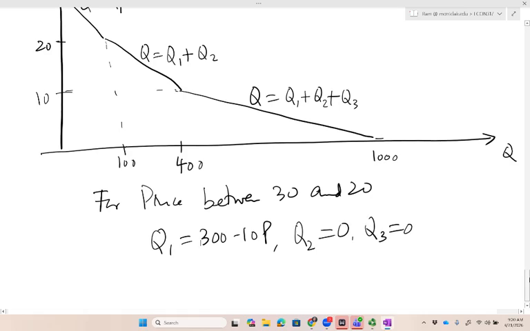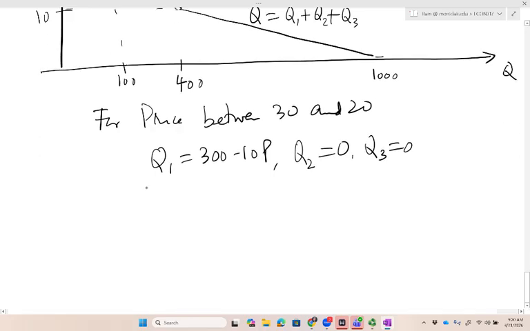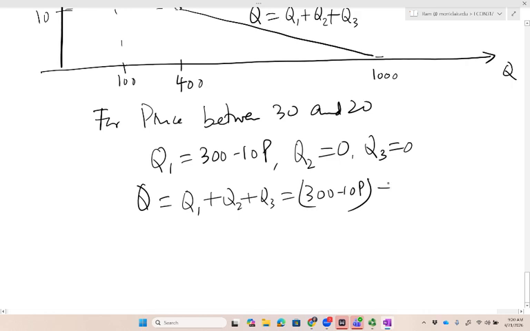They do not buy when price is above $20. So the market demand Q is Q1 plus Q2 plus Q3, which is 300 minus 10p plus 0 plus 0, 300 minus 10p.